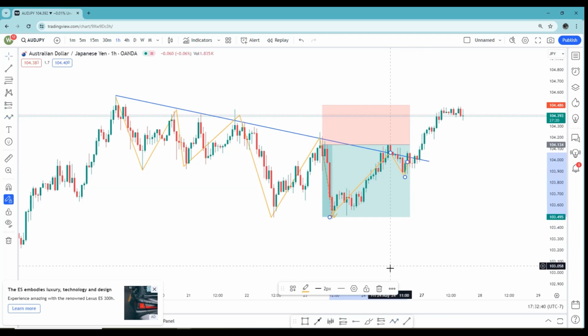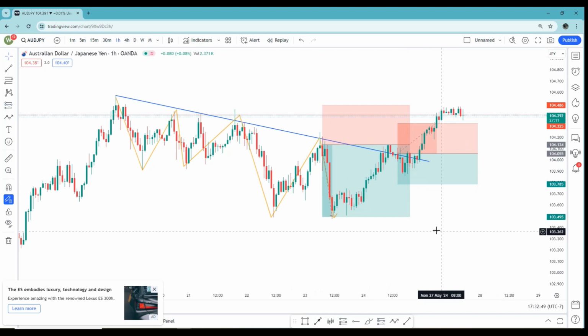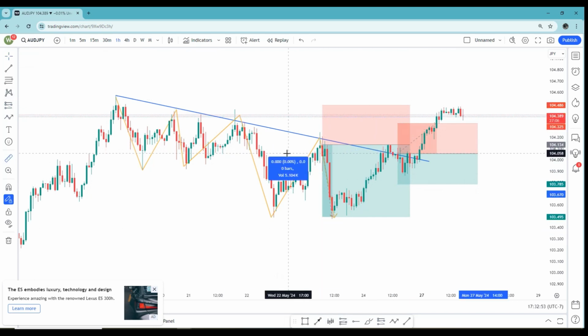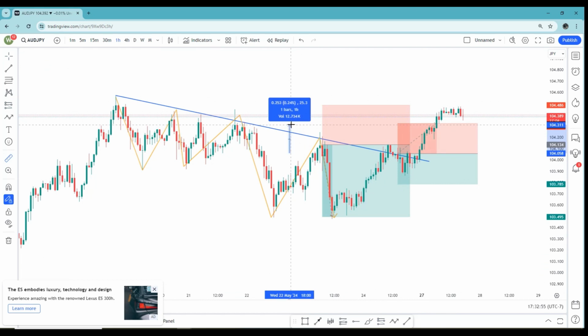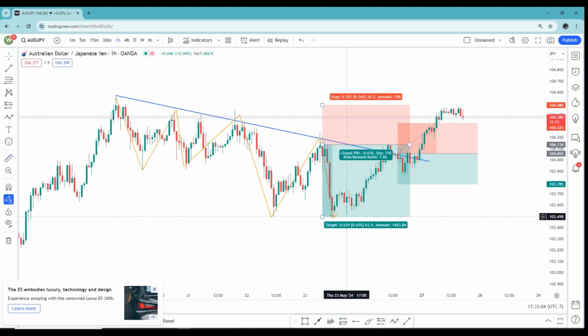The stop loss from around this area here was not too big. It was just how many pips? It was like 25 pips. So if you did keep this entry all the way to this point, and then you wait for the market to come back again to the trend line, you can enter again.